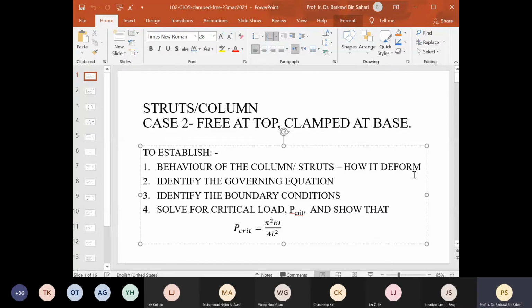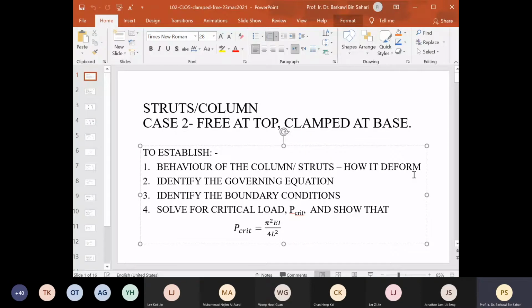So we'll start on today's lecture. We have done case number 1 column, which is pin support at both ends of the column. The only difference between the ends is that one pin support doesn't allow translation in Z, whereas the other allows some translation in Z. That's the only minor difference.